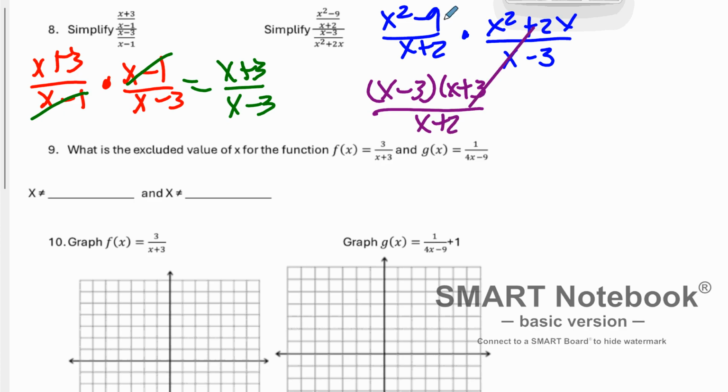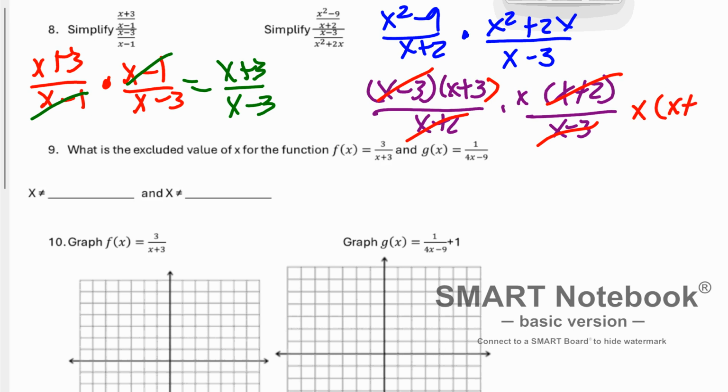And then this one I can factor out an x. So we get x times x plus 2 over x minus 3. So then x plus 2 will cancel, x minus 3 will cancel. We just get x times x plus 3. And there we go, we don't have a denominator there.